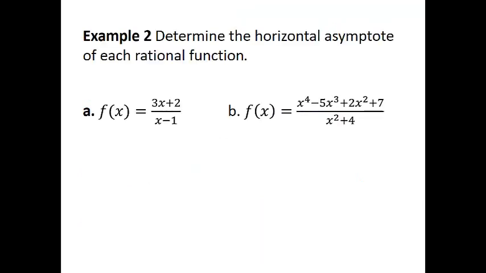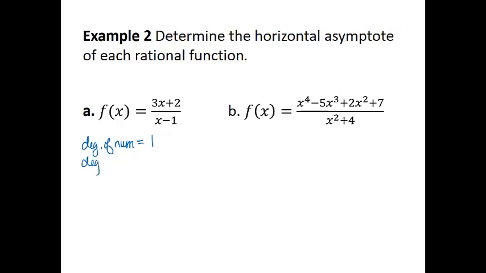So in these examples, we're just going to determine the equation of the horizontal asymptote, and all we need to do to determine that is to figure out the degree of the numerator and denominator and their relationship: which one's greater, larger, and are they equal. So in the first example, we have a function that is equal to 3x plus 2 divided by x minus 1. The degree of the numerator is 1.